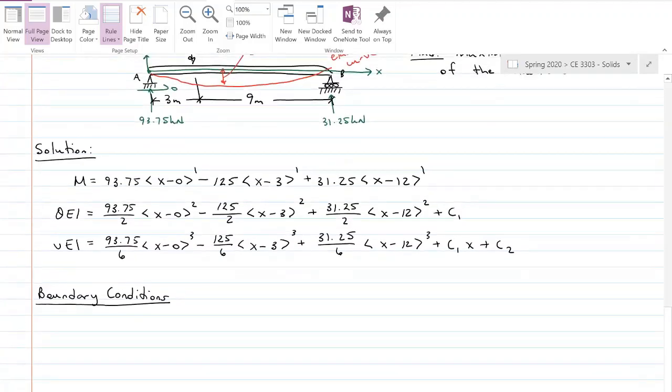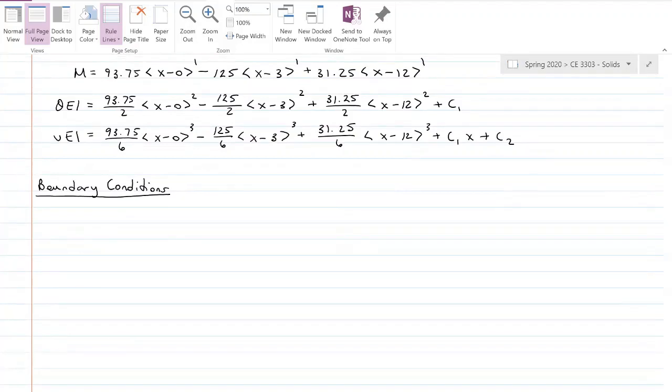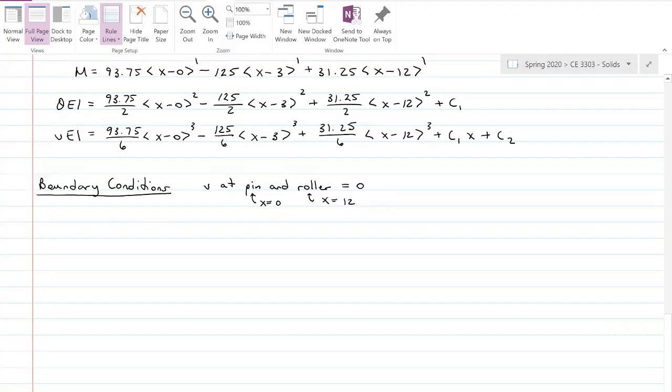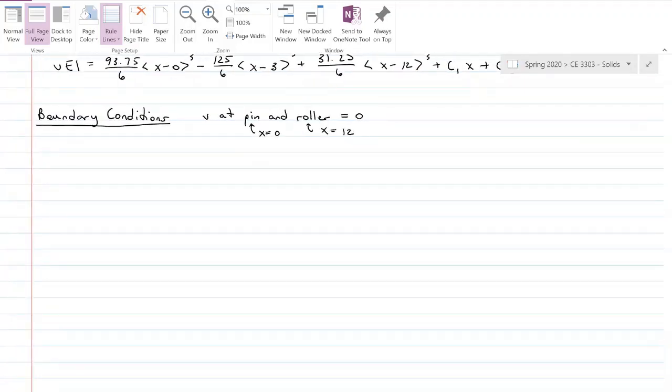And this time we have a pin and a roller. So that means the vertical deflection at the pin and the roller is equal to 0. The pin is at x equal to 0, and the roller is at x equal to 12. So let's do those two equations.